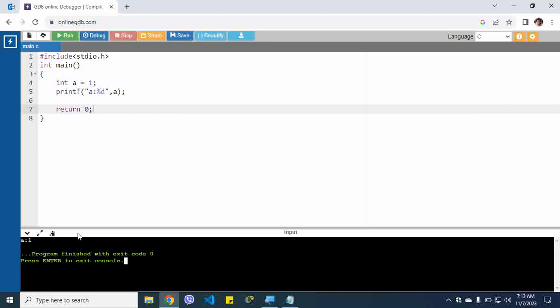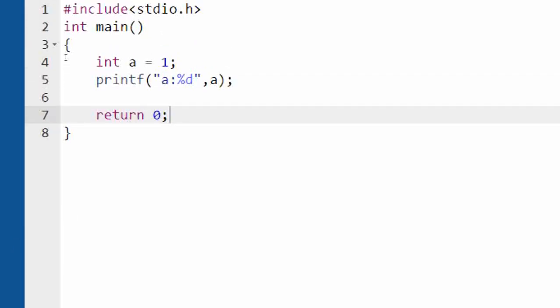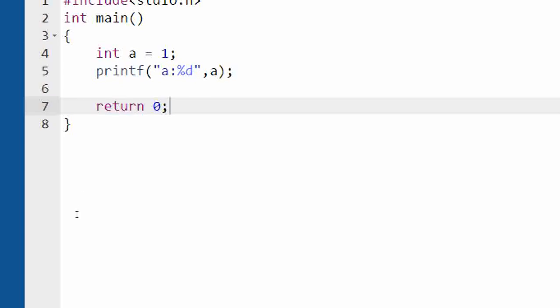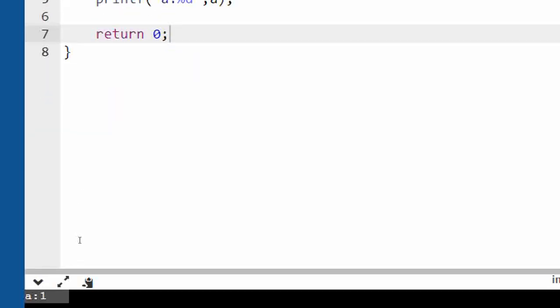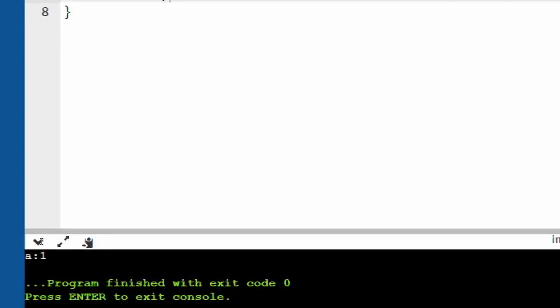Because of that, the value of A is 1 here. Return 0 means there is no function; we can return also, we'll talk about that later, okay? No problem. So A is equal to 1.